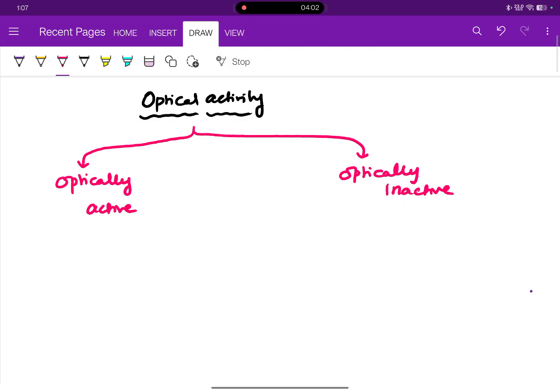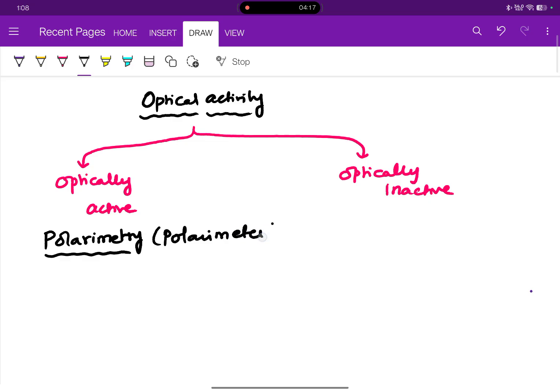So it is based on an experiment called polarimetry. This is done using a machine called a polarimeter.